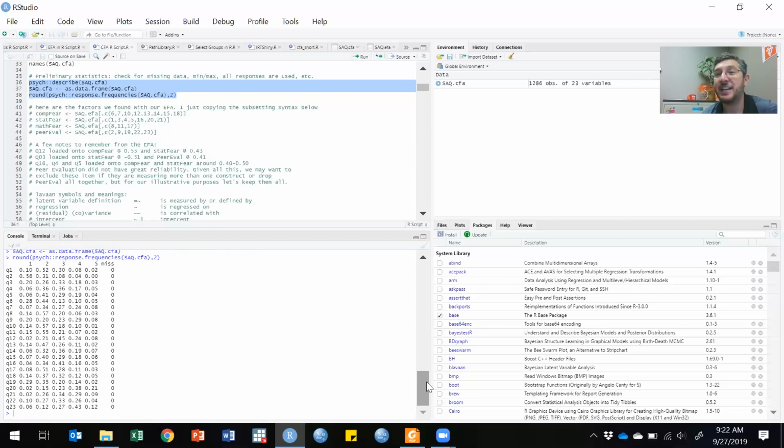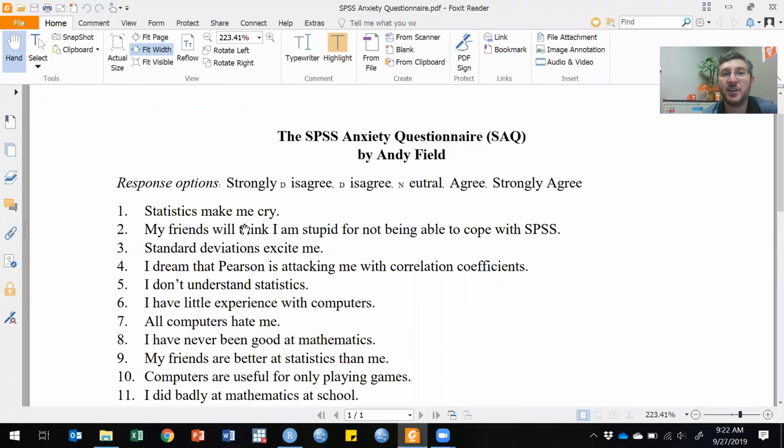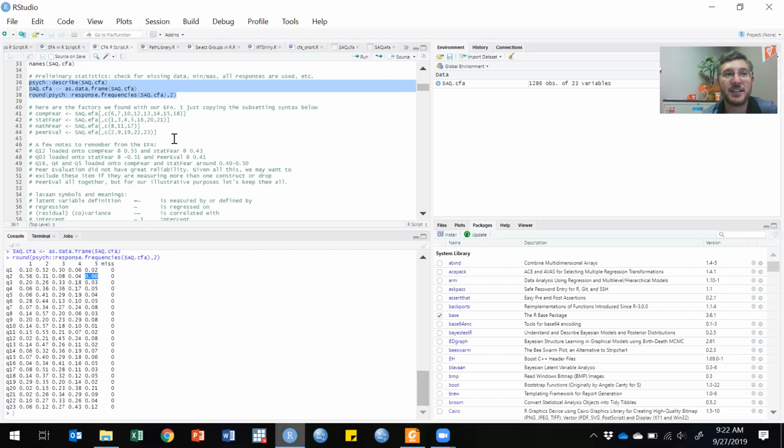If you remember, these data didn't have any missing data, so there wasn't much to worry about. And all the response options seem to be used. If you look at question 2, it doesn't look like very many people or no one selected strongly agree, I believe. And we can look back here: my friends will think I'm stupid for not being able to cope with SPSS, so you can always refer back.